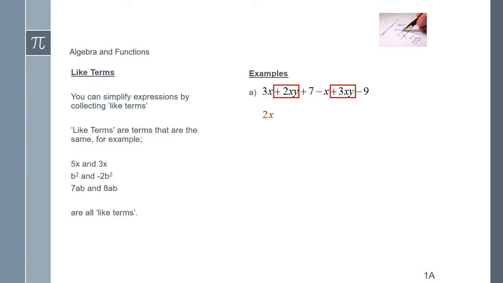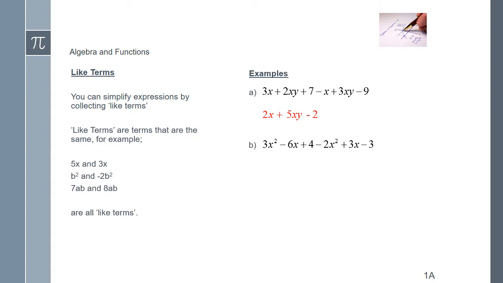We have an xy like term, 2xy and 3xy, and if we combine those together, be careful with the signs throughout this. 2xy plus 3xy is 5xy, and then we have some numbers, plus 7 minus 9, so minus 2. That is the expression simplified by collecting like terms.